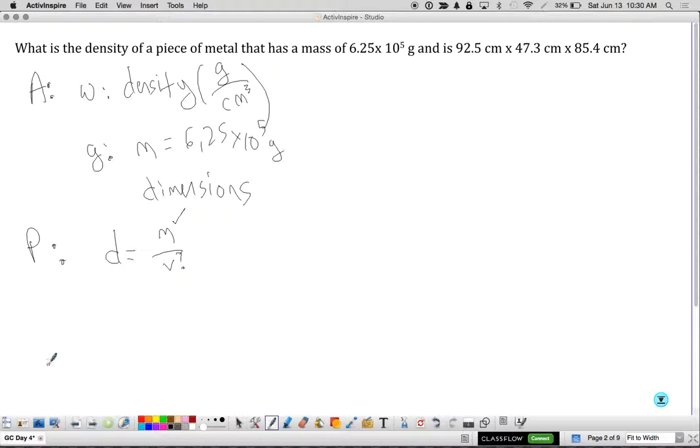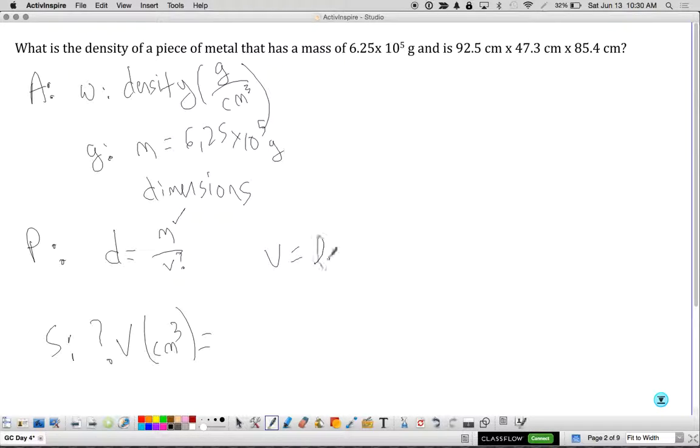So here's my solve. Okay, I want to find the volume in, let's say, set this up as a dimensional analysis because we can, centimeters cubed. Okay, I know that volume is length times width times height.